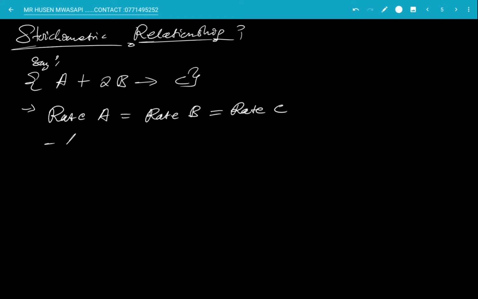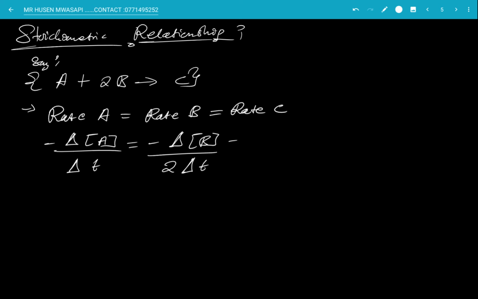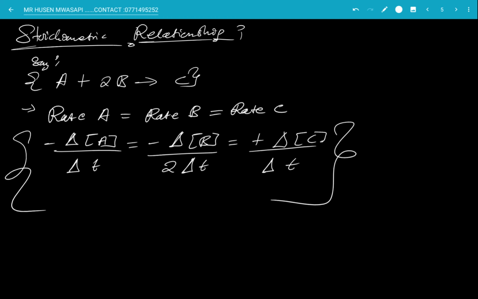It's going to be minus change in the concentration of A over the change in time, being equal to the minus change in concentration of B over 2 change in time, being equal to the plus change in concentration of C over change in time. So this is the stoichiometric relationship of a reaction. I hope it's clear.